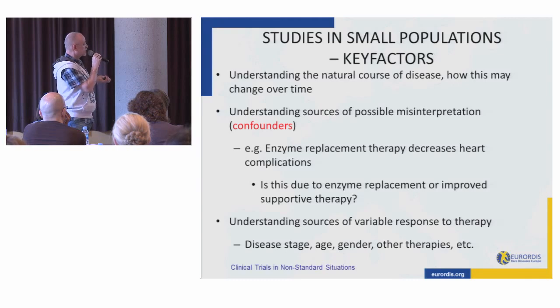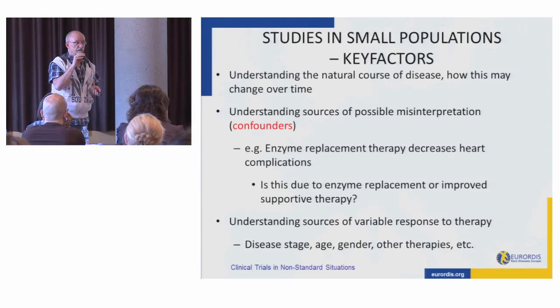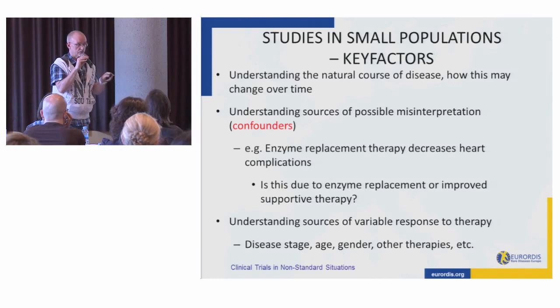If the enzyme replacement therapy is shown to decrease heart complications in a study that doesn't have a control group, and we want to use historical comparisons, we end up having questions about whether the historical comparator group is really comparable to the study cohort.